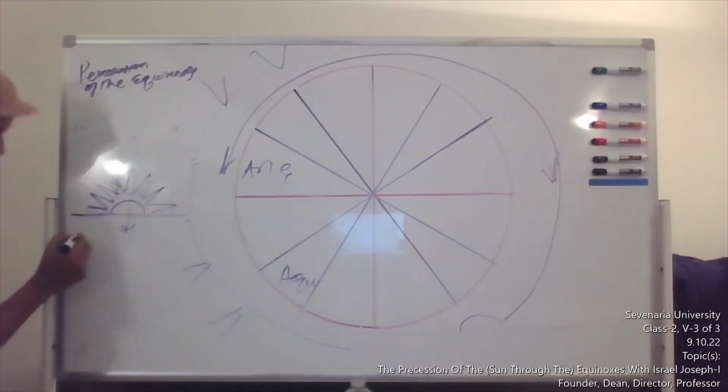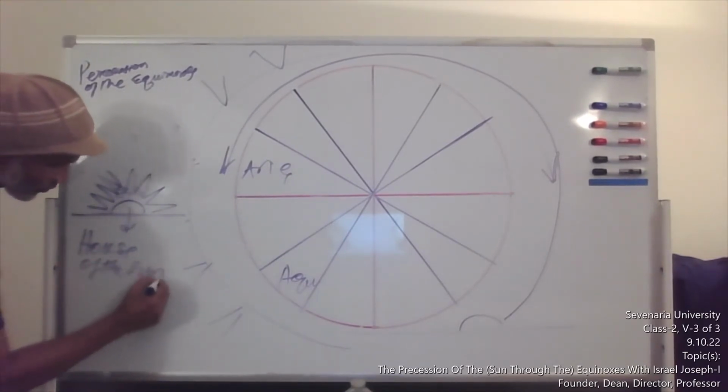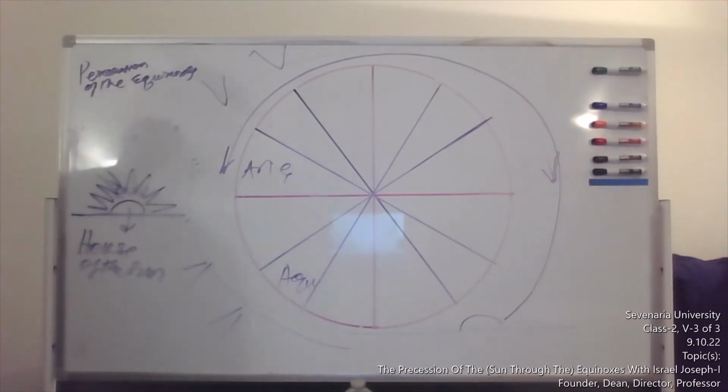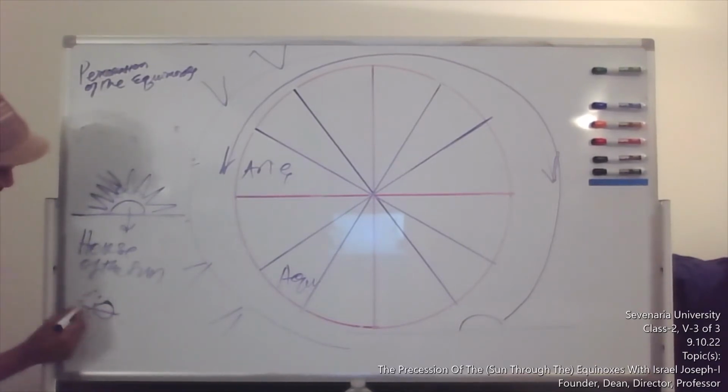That is called the house of the sun. You know, the house of the rising sun and all that. That's what that is. He's in the constellation. So the constellation is here and the sun is blocking it.